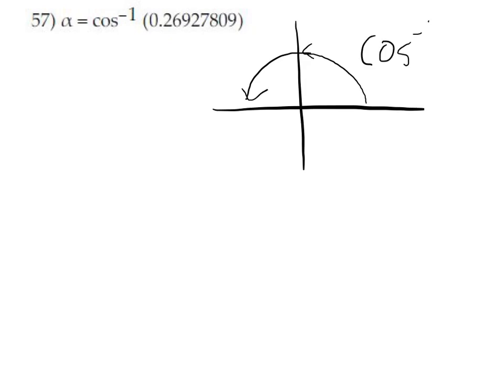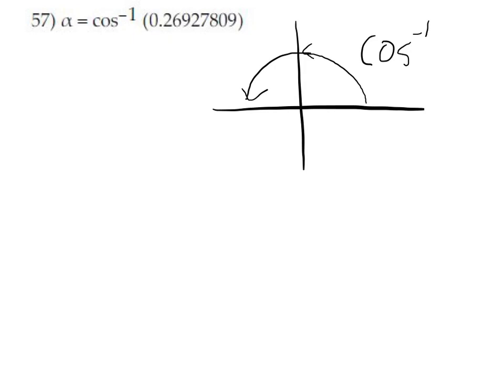So when you use arc cosine in your calculator, you will either get a quadrant 1 angle if you put in a positive number like we're doing here, or you'll get a quadrant 2 angle if you put in a negative number into arc cosine. So we expect a positive number. Make sure your calculator is in degree mode. If it is in radian mode, you will not get the correct answer.